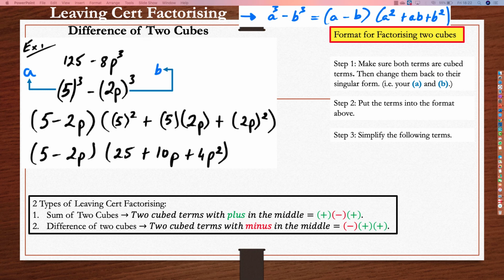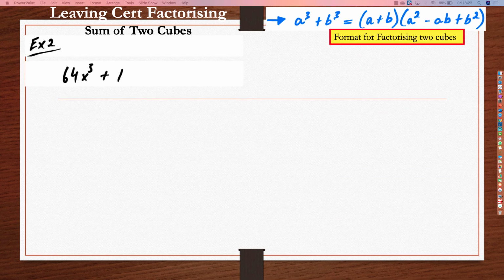Remember now what's on top? It's the difference of two cubes. There's our formula for the sum of two cubes.